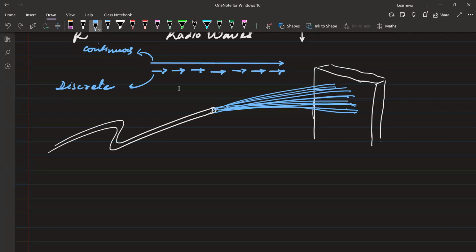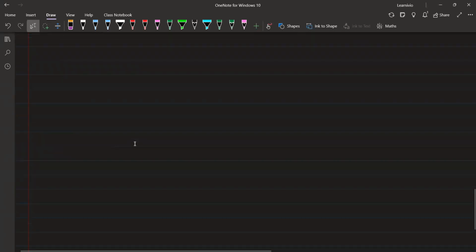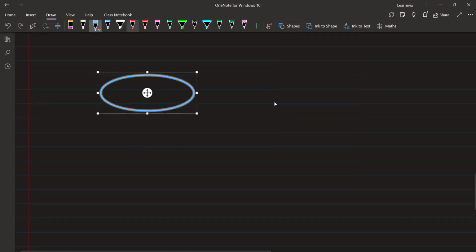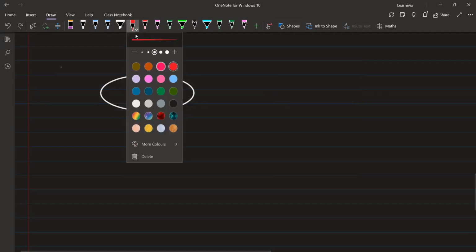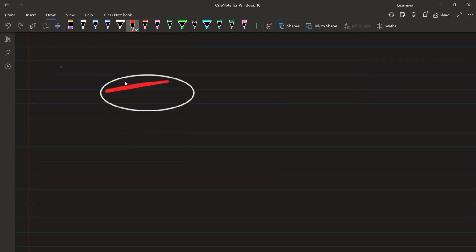Similarly, there is one experiment, or you can understand it as a phenomenon. For example, if I have a very hot body, this hot body is obviously going to be very red. Let us assume that it is red hot, so hot that it is completely red. Assume it is an iron block.